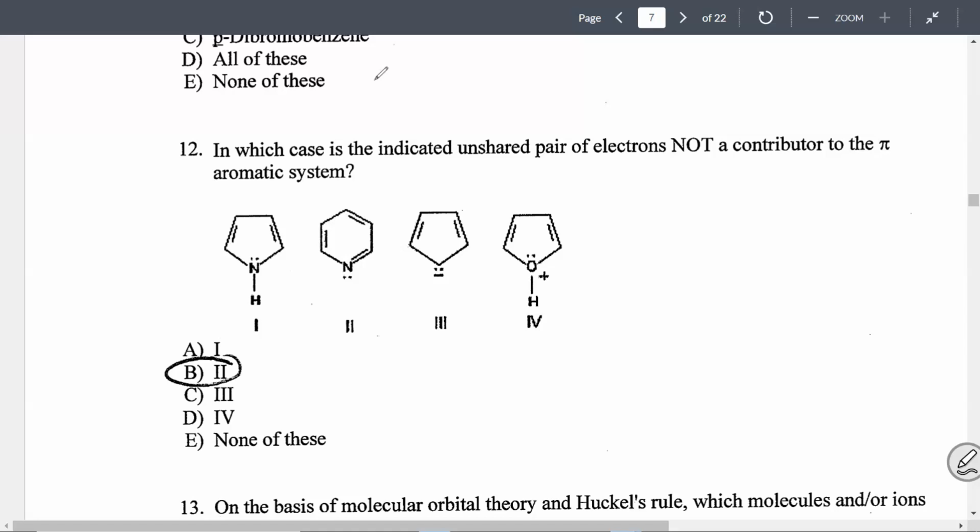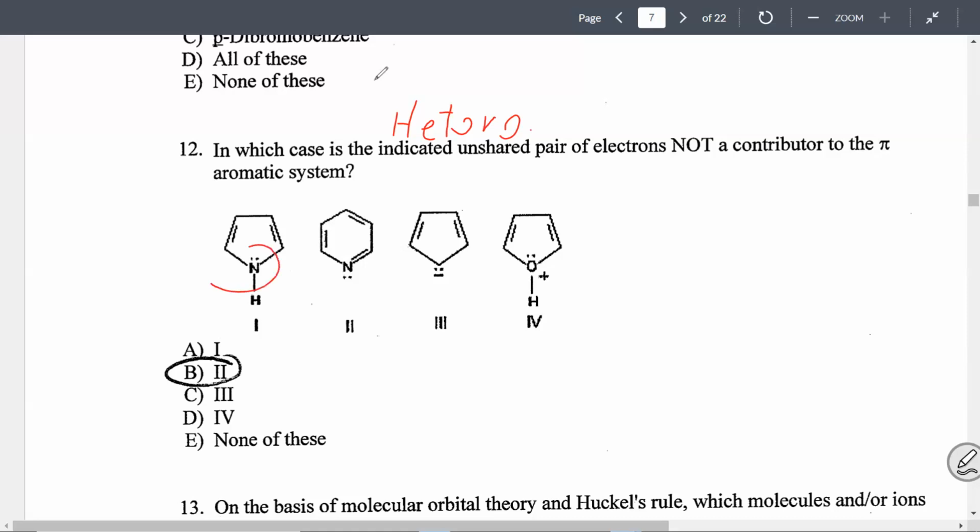Essentially, which one doesn't contribute to existence? This is asking which of the following molecules has some sort of heteroatom that contributes the pi electron to the system. Remember that we had different rules: single bonded heteroatoms, double bonded heteroatoms. Those are coming back.